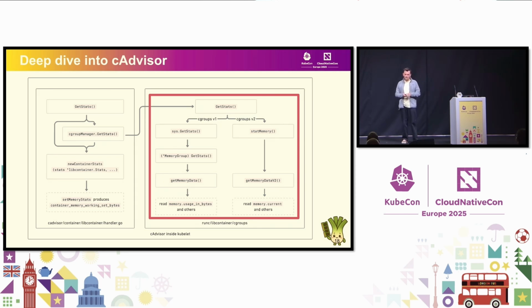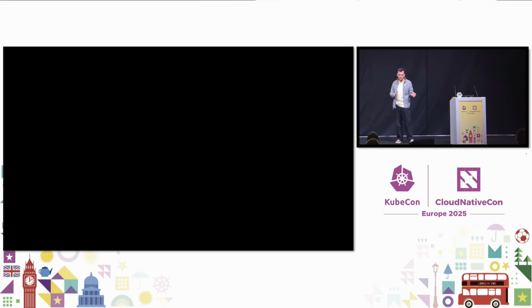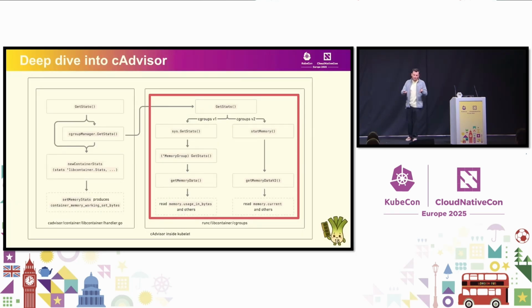And you can see here that we are trying to retrieve stats from this thing called cgroups. Apparently, they come in two flavors, right? They have cgroups v1 and cgroups v2. And depending on the version, libcontainer is doing slightly different things. And you can see at the bottom that we have, for example, different names for similar metrics.